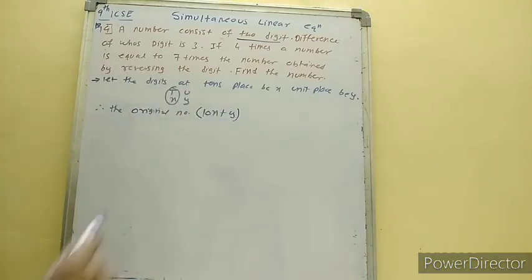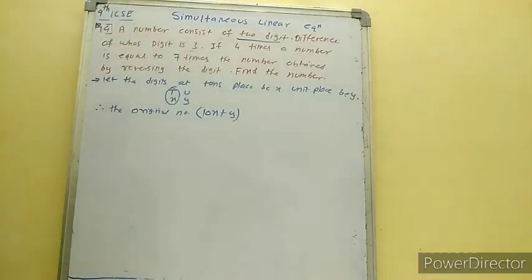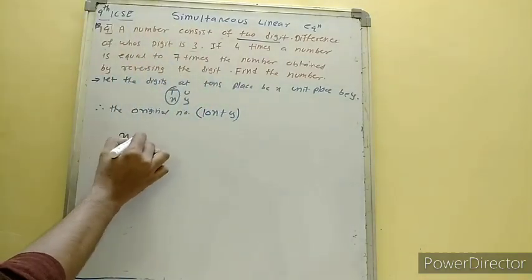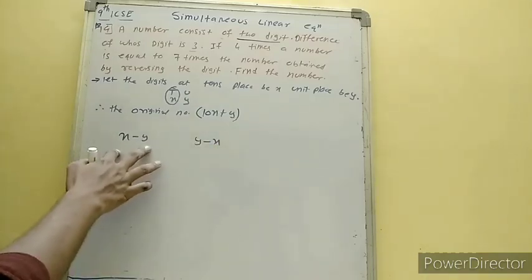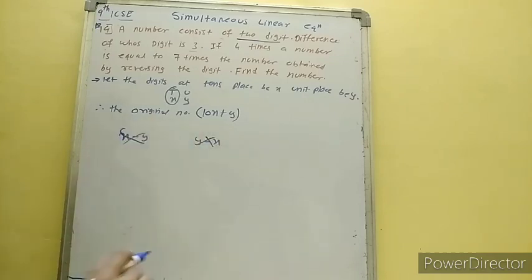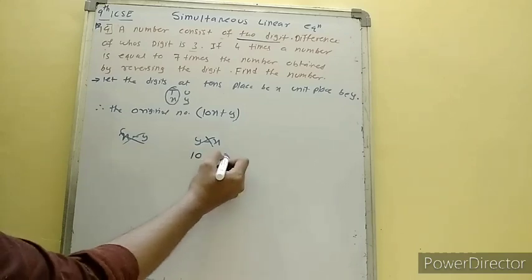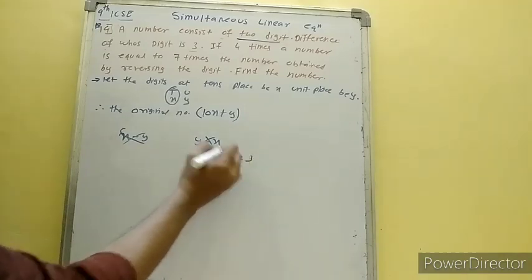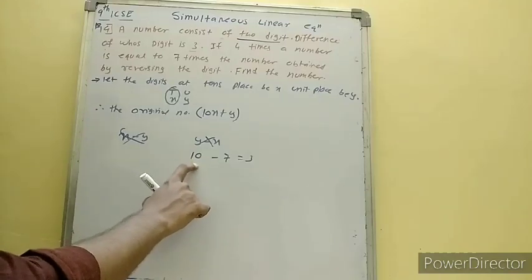See, what was the first condition given? The difference of the digits is 3. So can I do x minus y or y minus x? We cannot do anything right now because we don't know which is the bigger number. See, 10 minus 7 is 3, because we know that 10 is the bigger number, we are writing it first.